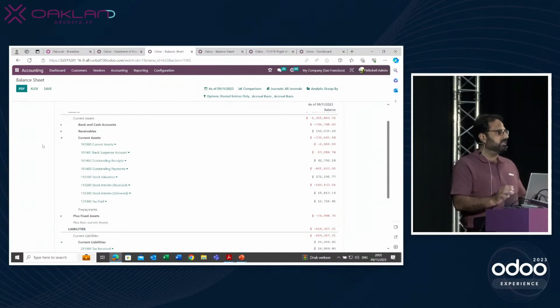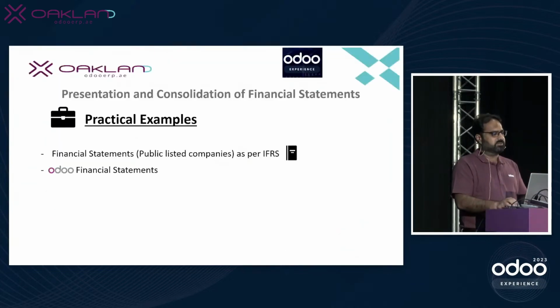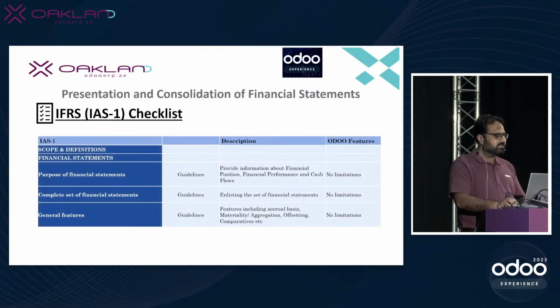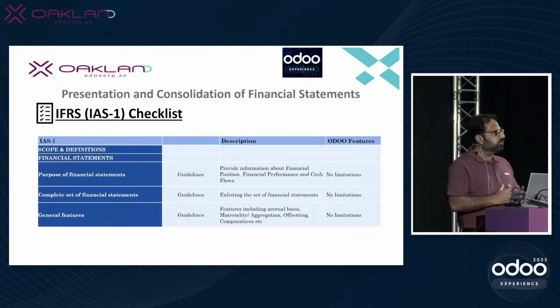Okay, how do we do that? I'll share the tips and tricks with you, how I have done that. But before that, bear with me a little bit to know about IAS 1 of the International Financial Reporting Standards, just to see whether there is any limitation in Odoo or not.